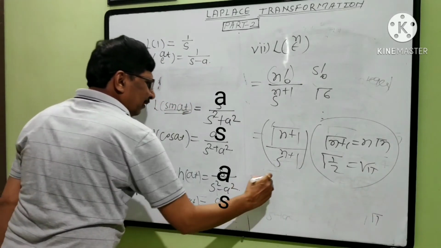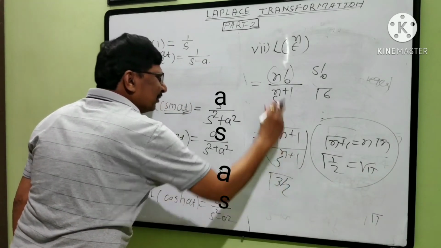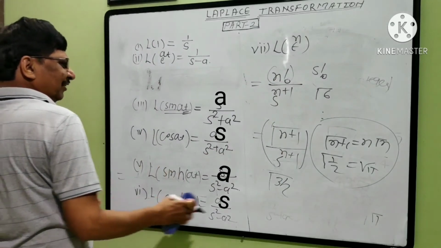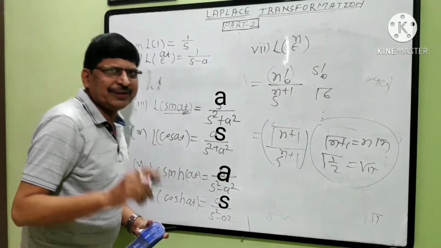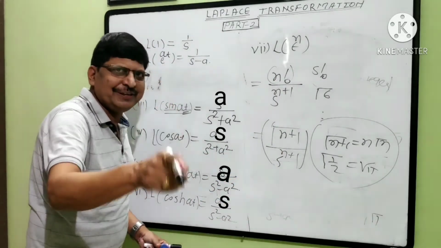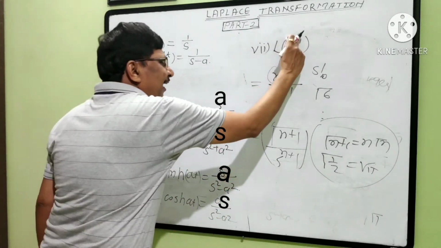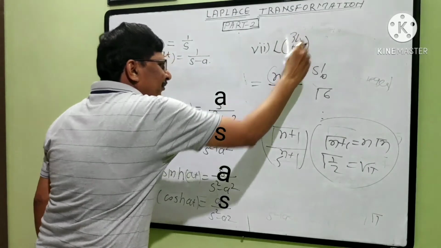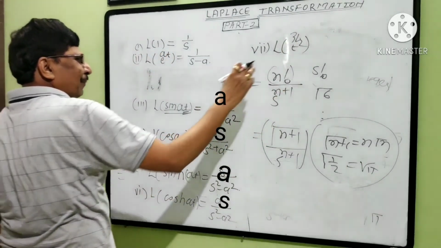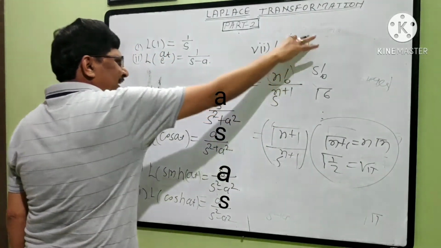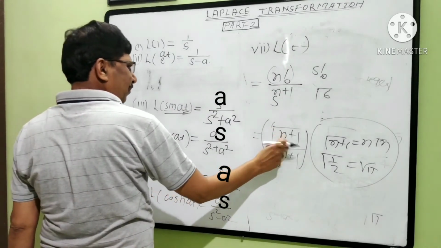But suppose there is gamma of 3 by 2. Now don't use this because factorial notation is used for positive integer only. Now if this n is 3 by 2, don't use this notation because factorial of 3 by 2 is not defined.